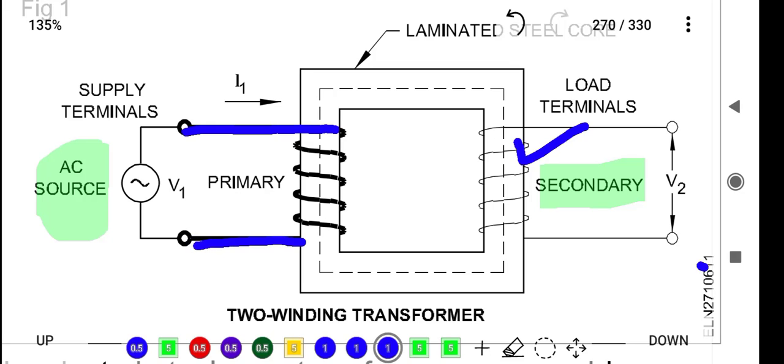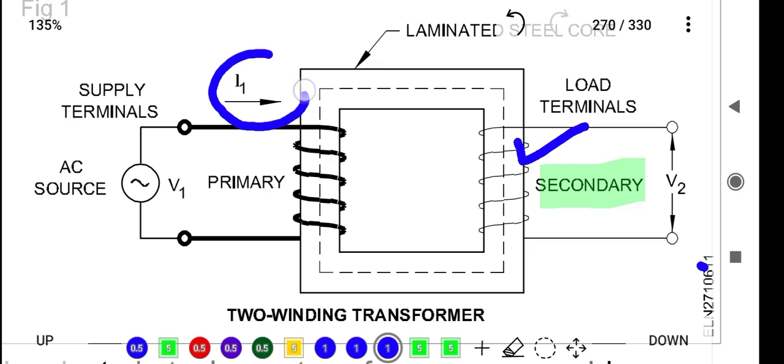So what is primary winding? Primary winding means the current flowing in the coil connected to the AC source is called primary winding. See here, this is the current, the current flowing in the coil which is connected to the AC source.